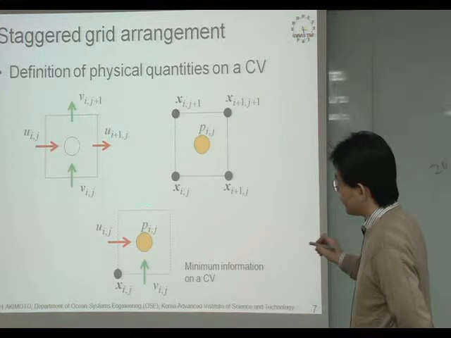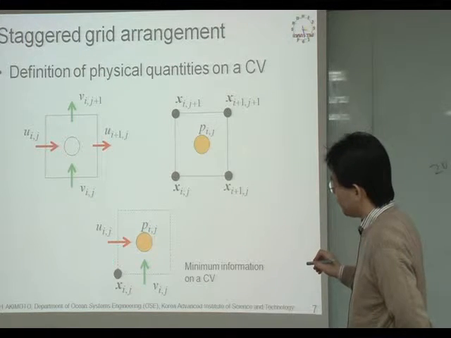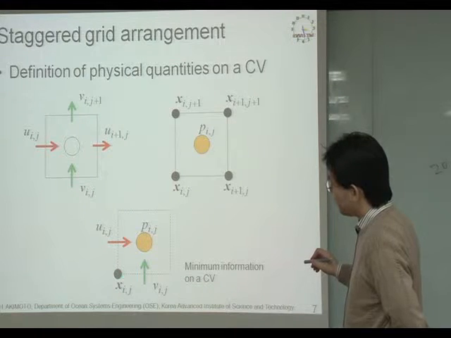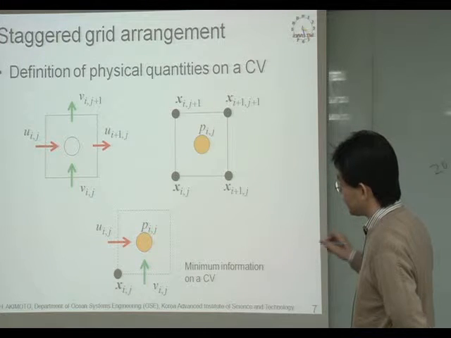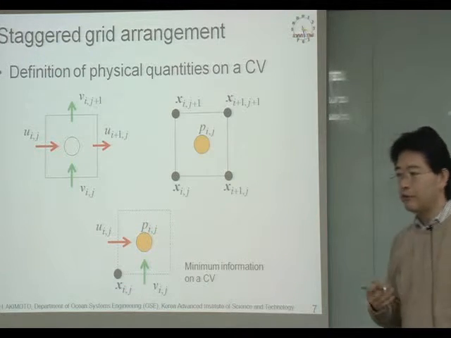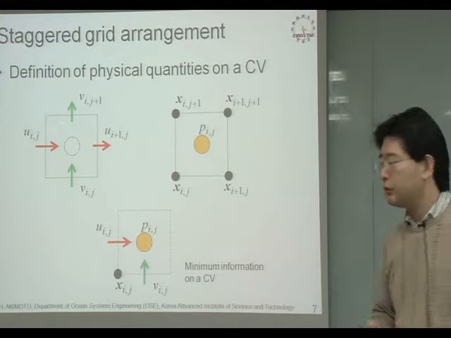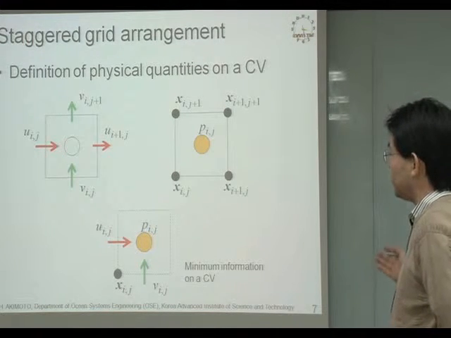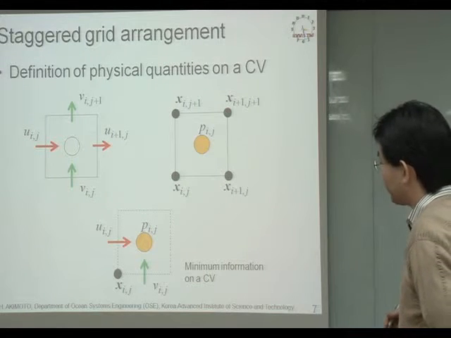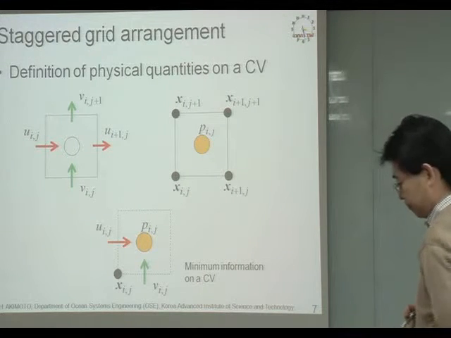So this one has a position vector, 2 velocity components and 1 scalar pressure. This is the one unit set of information required in the incompressible flow simulation.